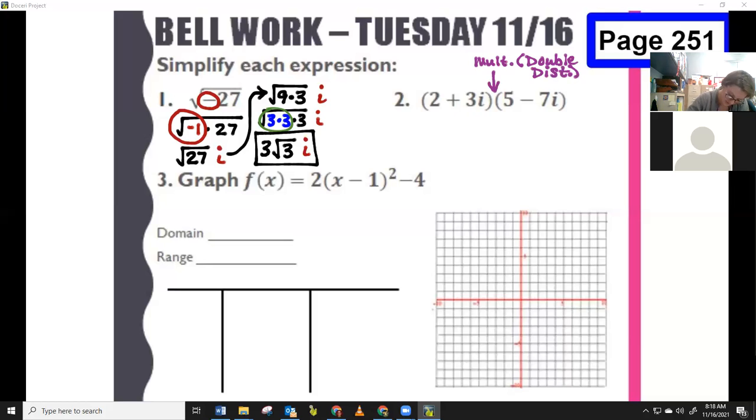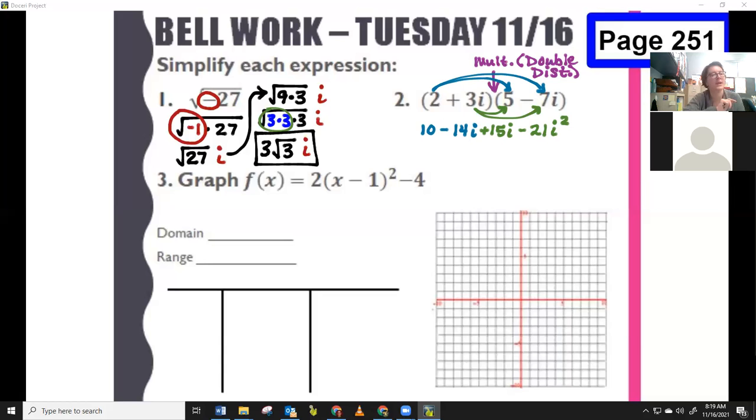So I'm going to take this 2 and distribute it to both of these pieces. So I'm going to have 10 minus 14i. And then I need to distribute the 3i as well. So I'm going to have plus 15i and minus 21i squared because I have i times i.